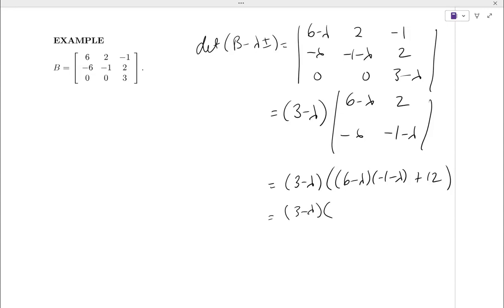Again, we want to figure out where this is equal to 0, so I want it factored. I don't want to multiply this 3 minus lambda through it all, but I do need to multiply this piece out here and refactor. So we've got lambda squared minus 5 lambda minus 6 plus 12.